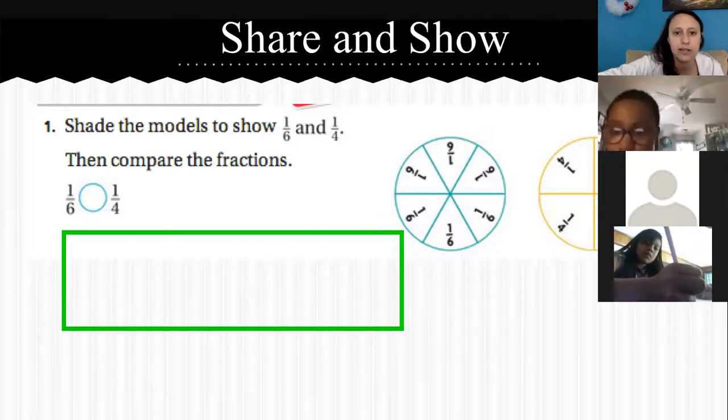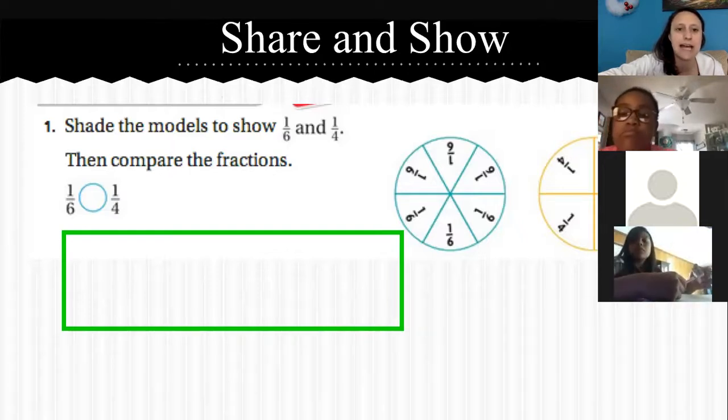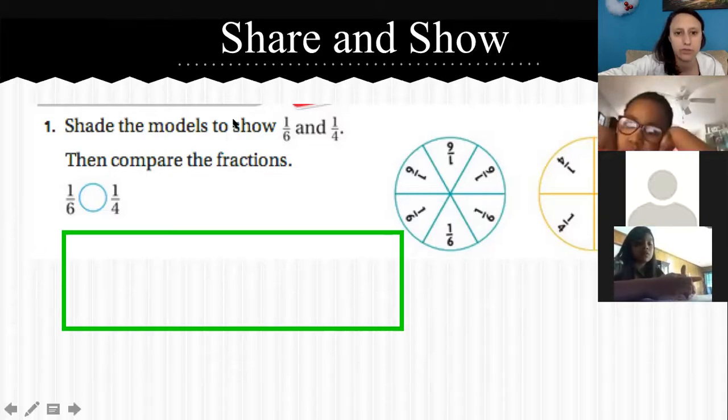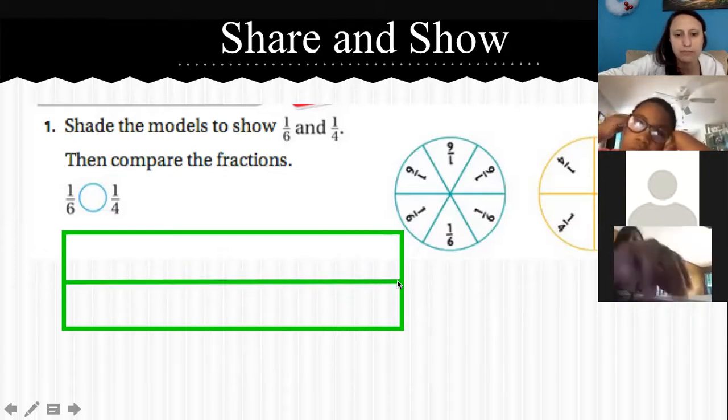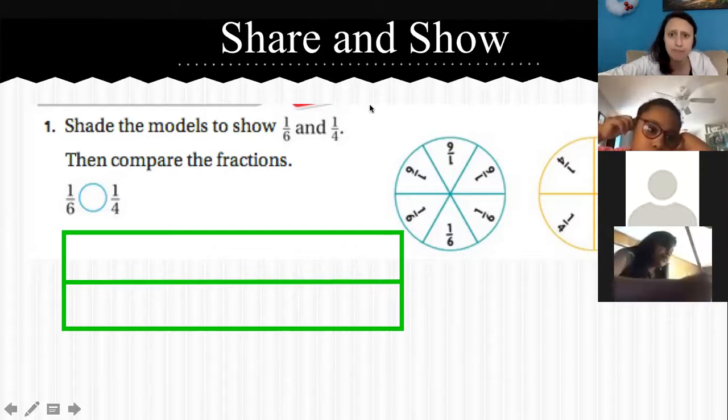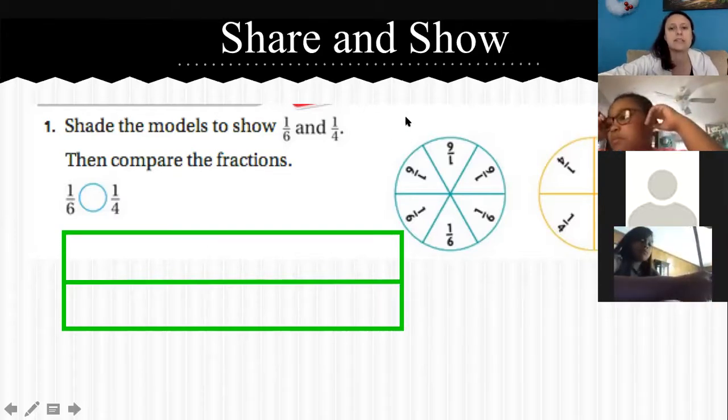We're not comparing like a large to a medium. They're the same size. All right, so I'm gonna do my first fraction on top and my second fraction on the bottom. I'm gonna change my color just so we can see the difference here.